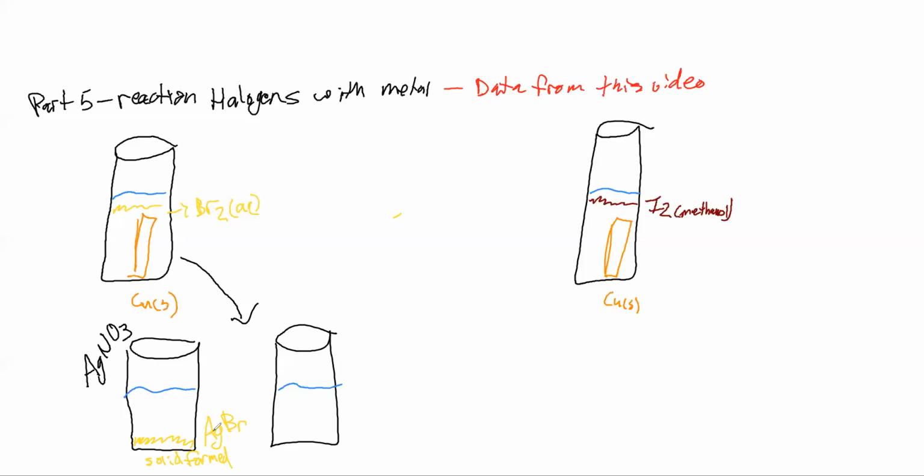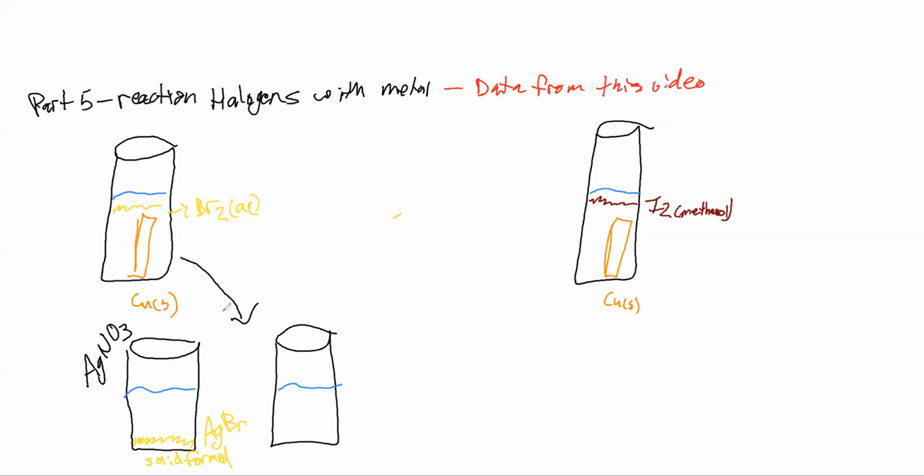And we do actually see that form when we take our bromine test. So we know that we had some bromine ions in there.